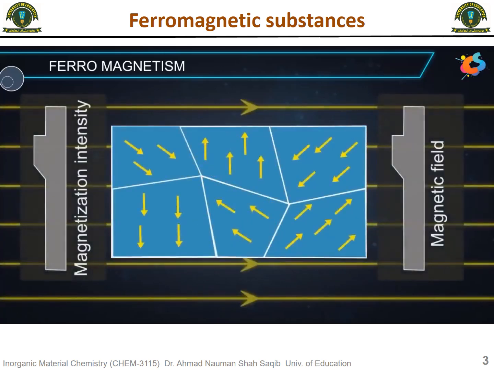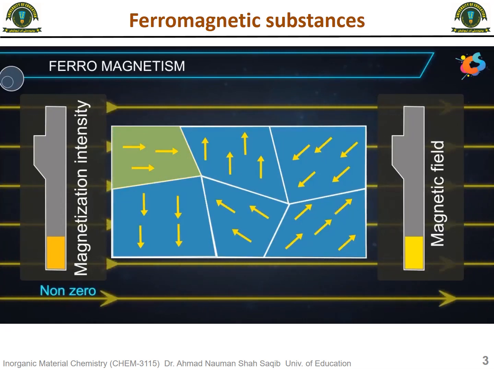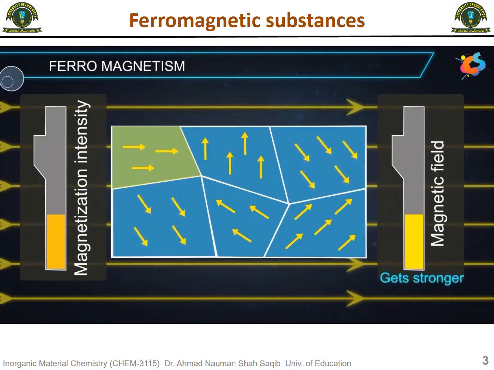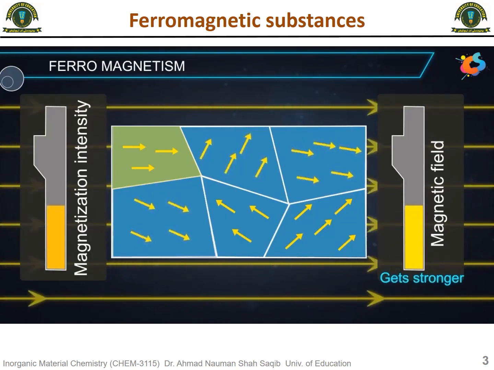In the presence of an external magnetic field, the domains start to align in the direction of the applied field. The magnetization intensity becomes non-zero. Currently, since the external magnetic field is weak, only one domain has aligned with it. As the field gets stronger and stronger, more and more domains start aligning with the external magnetic field.